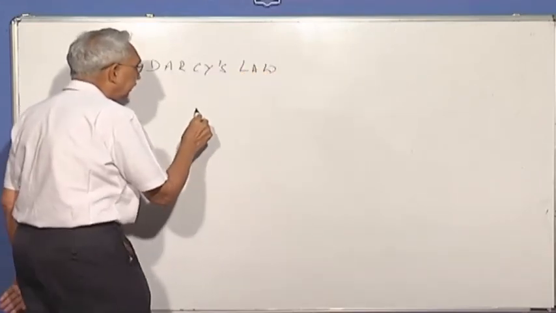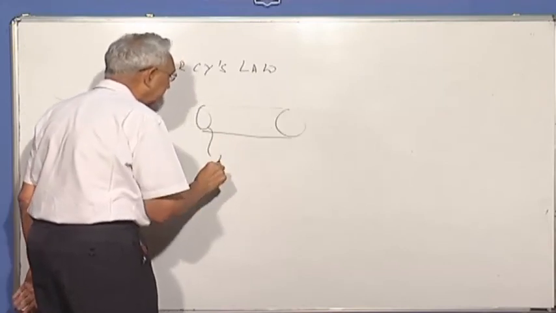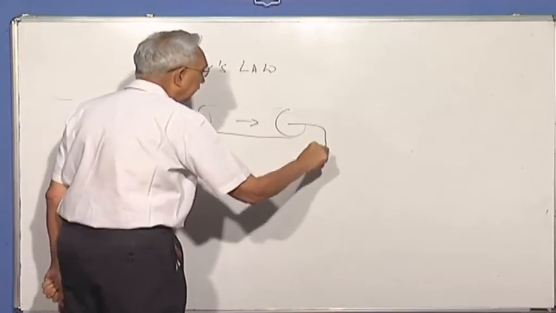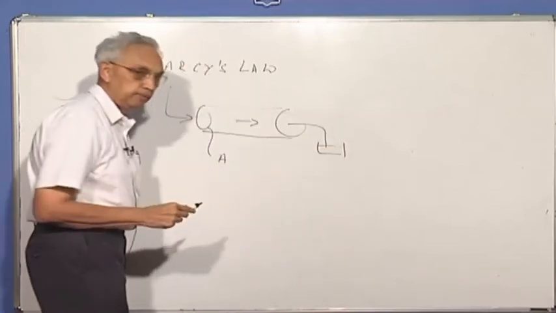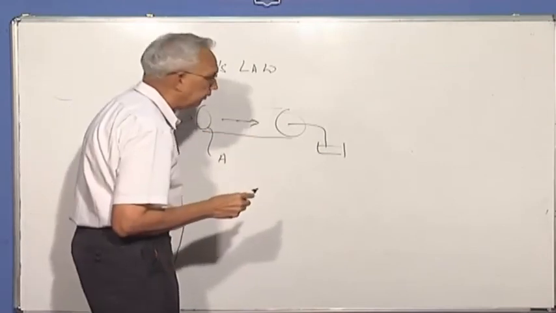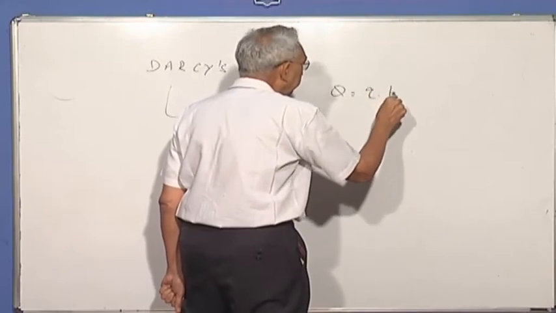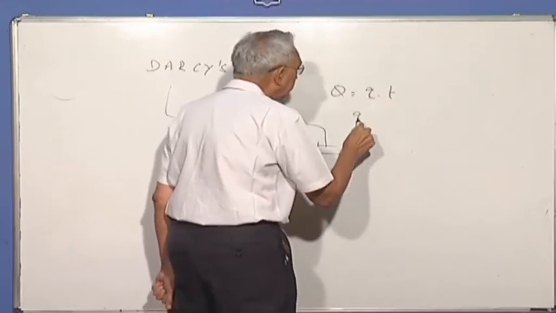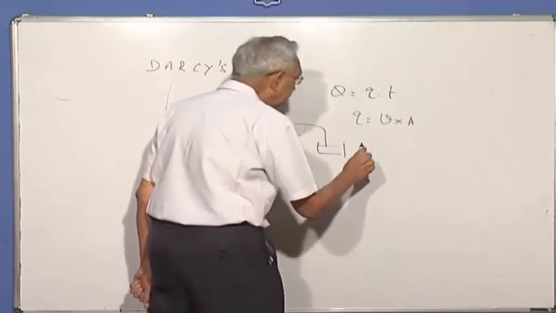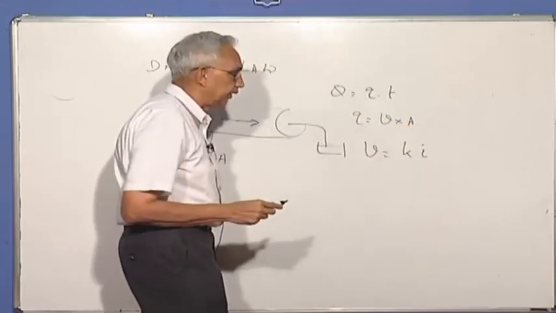He conducted tests in which he took a tube of cross-sectional area A and allowed the flow to take place and collected the water here, and he found out that the quantity Q is equal to rate into time. The rate is equal to velocity into area, and this velocity, he said, is proportional to the gradient.